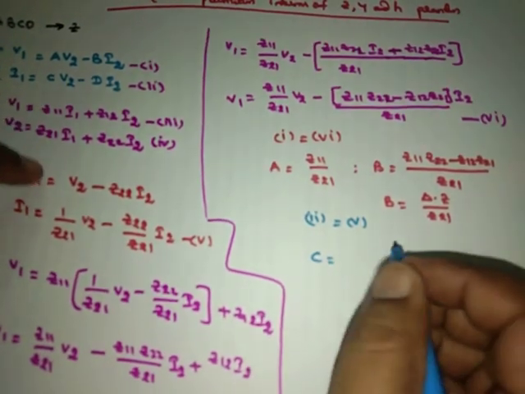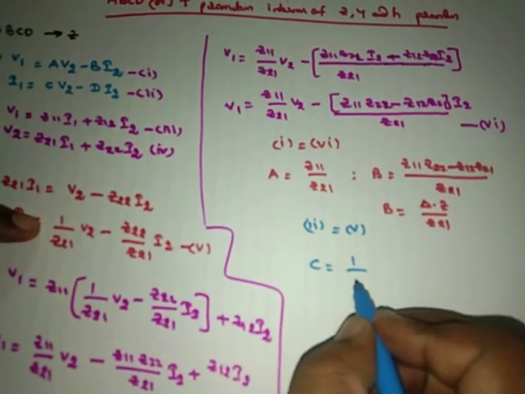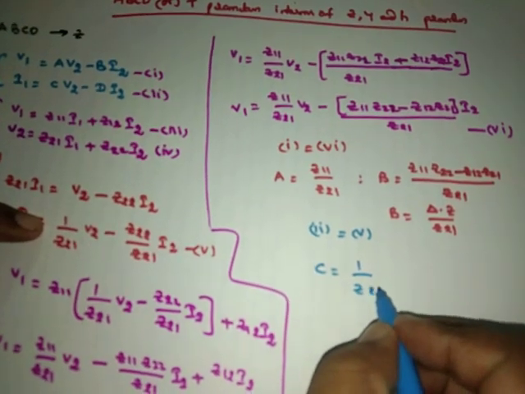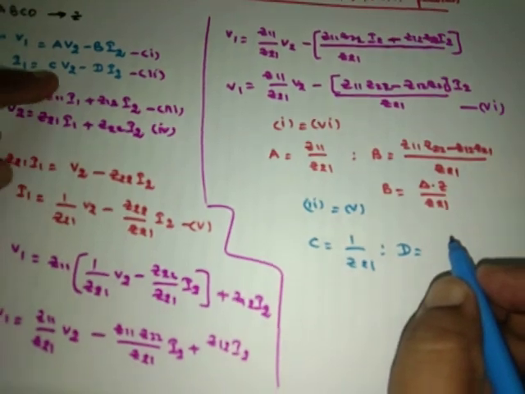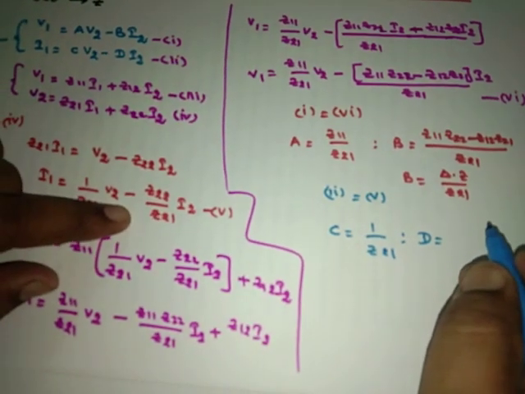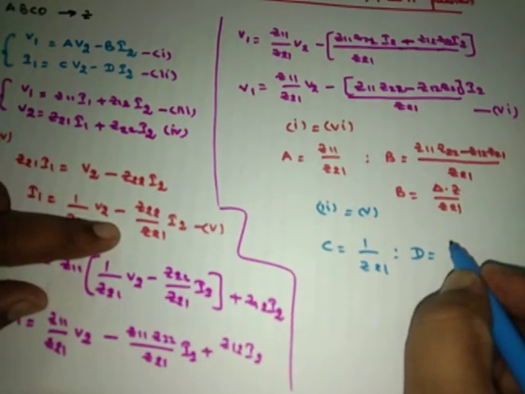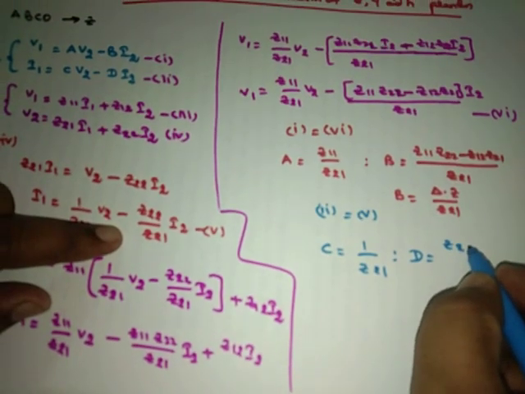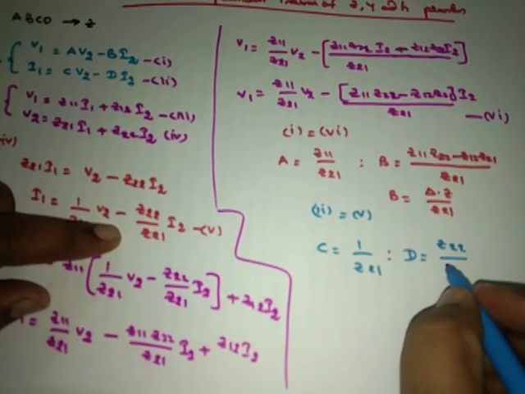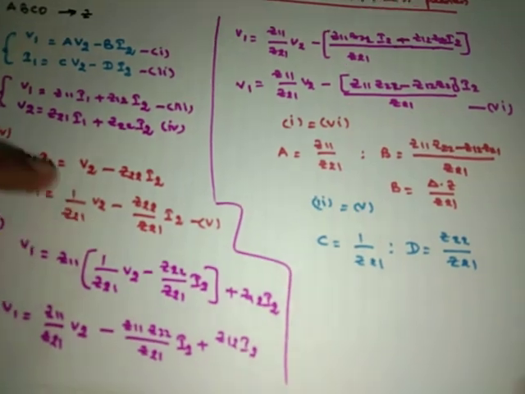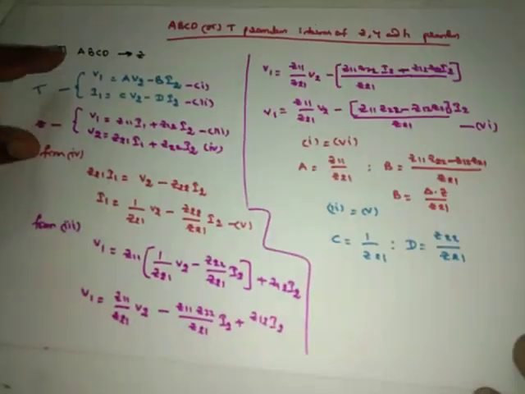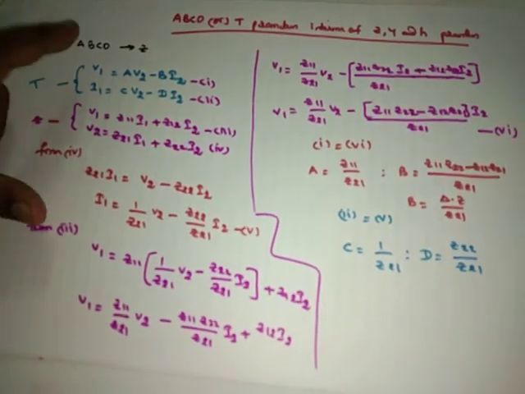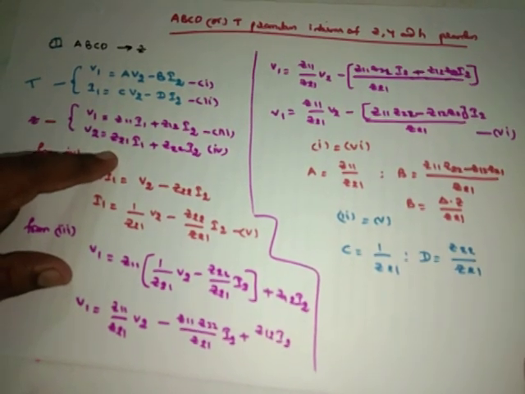So C is equal to 1 by Z21, and D is equal to, here also take minus I2, so D is equal to Z22 by Z21. Okay, like that we can convert ABCD parameters in terms of Z parameters.